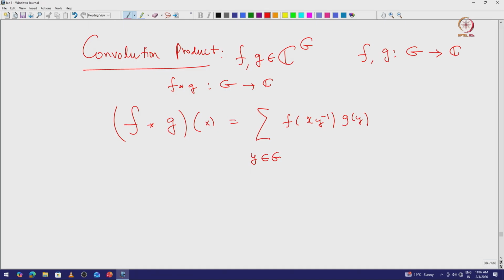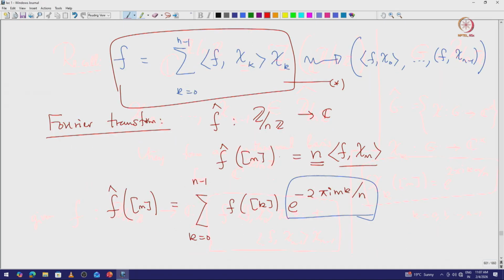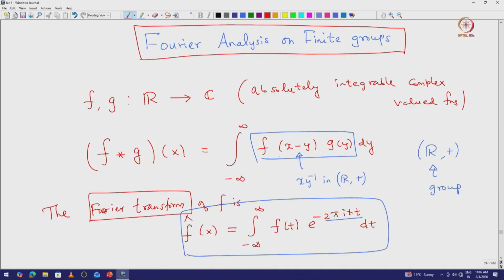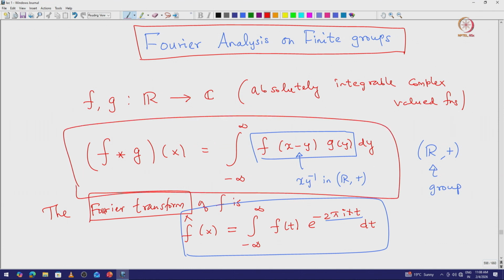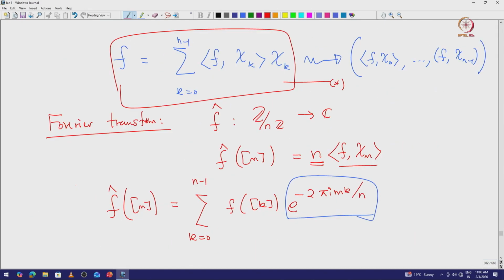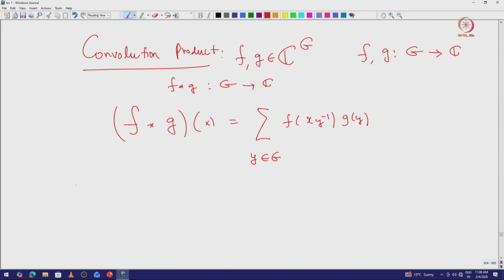This is very close to the convolution that we had in the continuous case. There we wrote this convolution where we varied x and y, taking f of x y inverse times g of y. Similarly, we are writing the convolution even in this discrete case.